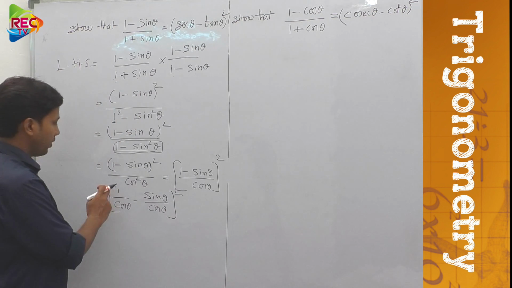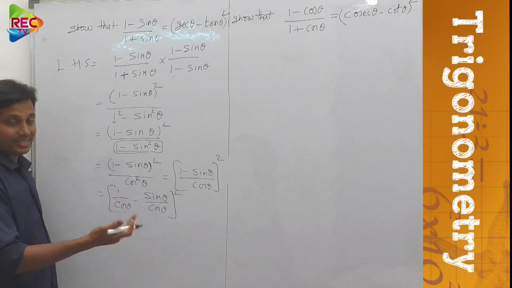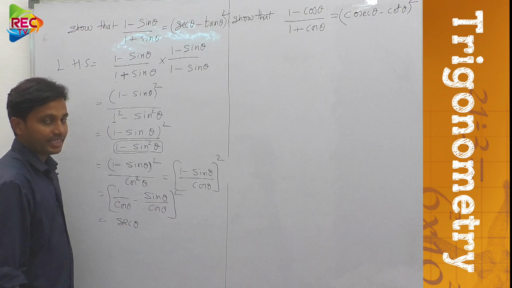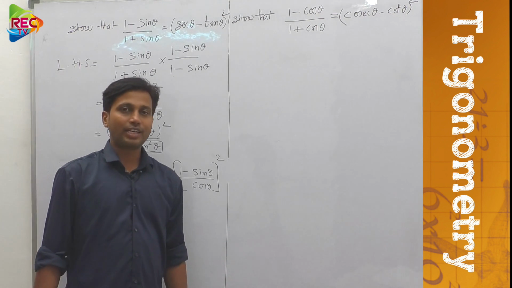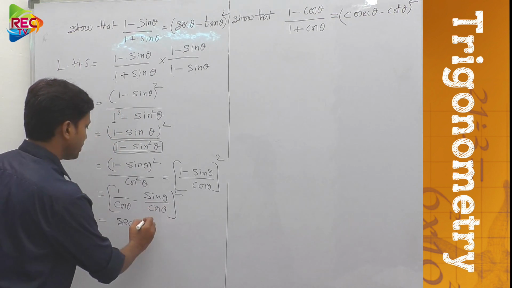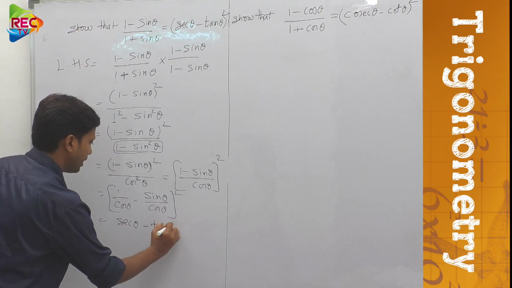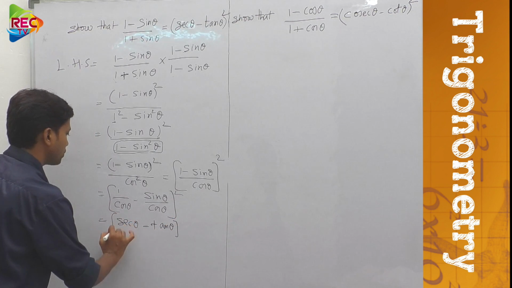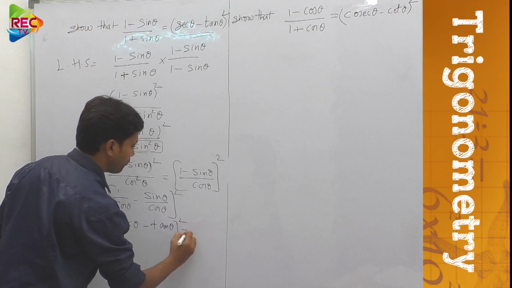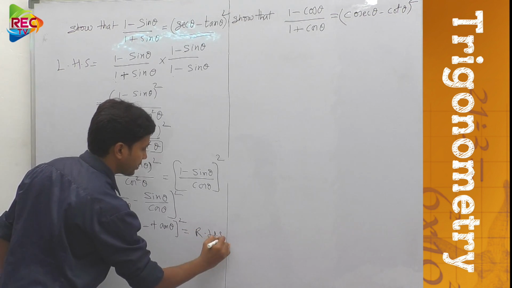So 1 by cos theta can be rewritten as secant theta, and sin theta by cos theta, what is the ratio of sin and cos? Tangent, tan theta. So therefore this would be (secant theta minus tan theta) whole square. Is it the result which is required or not? Exactly, so therefore we obtained the RHS.